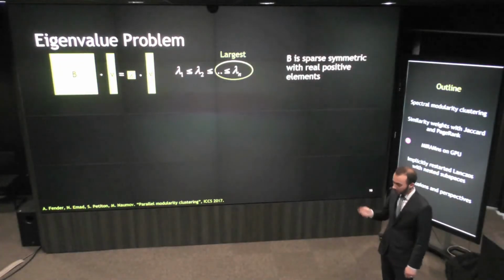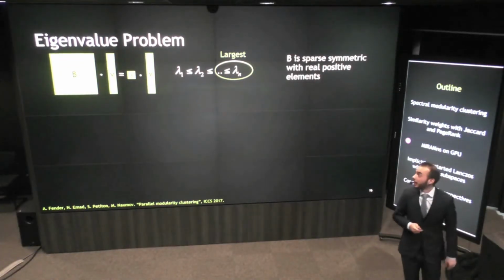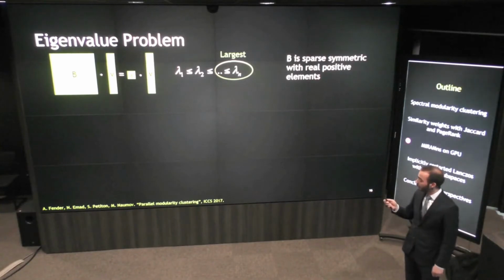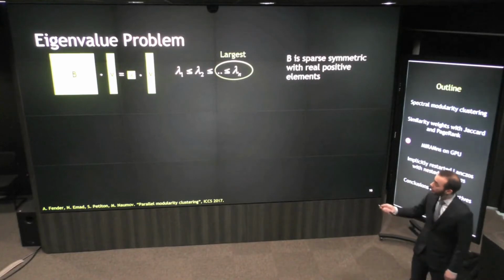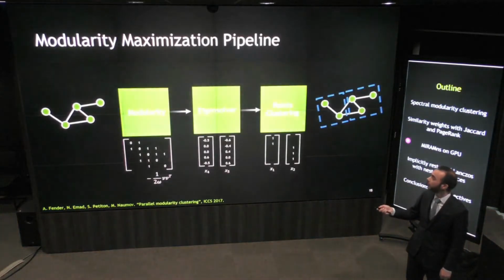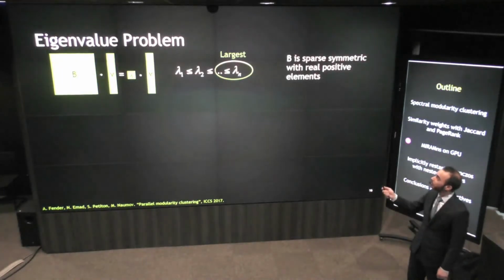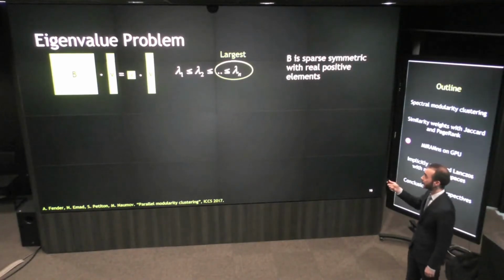Now I would like to add a few words about the eigenvalue problem. We solve here Bv equals lambda v for multiple v, and we look for the largest eigenvalues.